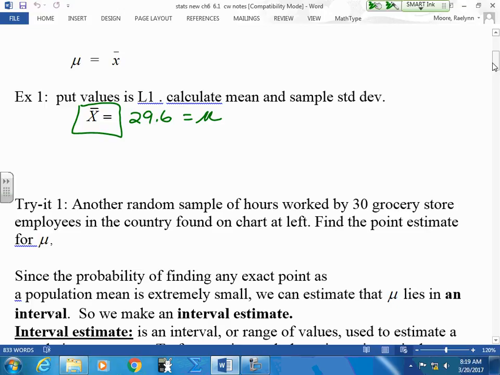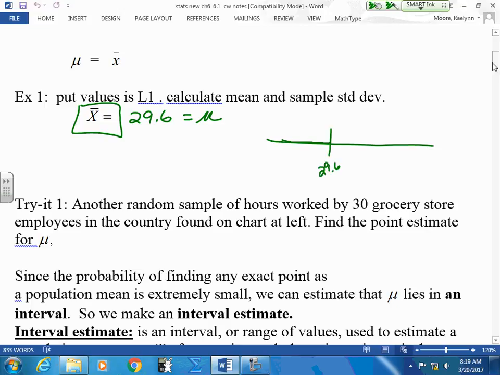So if I have to be sure, that probability is going to be really close to 0. Really negligible. So I need to give myself a little interval, a little to and from, a little wiggle room on this. So therefore, we come up with an interval, and your interval gives you a range of numbers. Now, when you start your interval, you're going to start this guy in the middle.